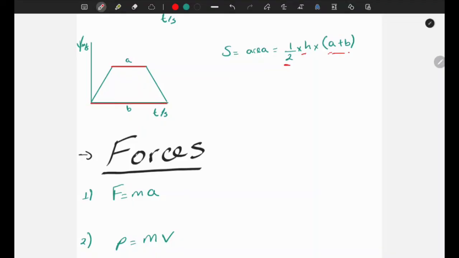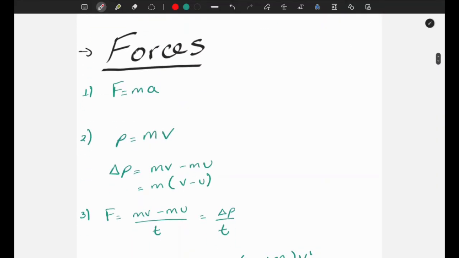So we add these two and multiply by the height. The height is given by the vertical height. So don't be mistaken and take this slanted line as the height. The height is the vertical height. So the area and the distance in this type of speed time graph would be half times height times (a plus b), in which a and b are the two bases.